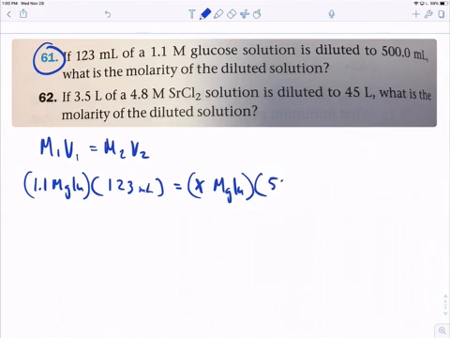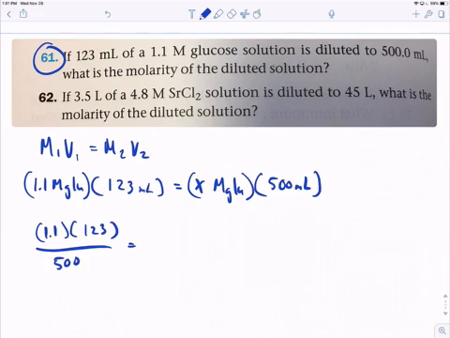And then 500 milliliters. So what do we do? Divide both sides by 500: 1.1 times 123 divided by 500 equals our unknown molarity of glucose, which is 1.1 times 123 divided by 500.